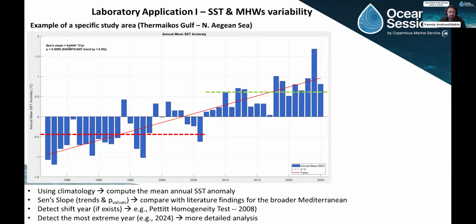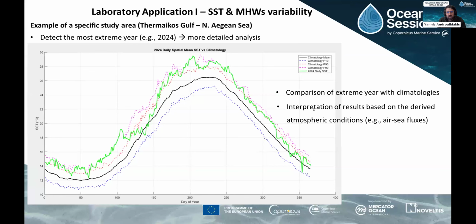This is 0.04 Celsius per year for this area, and also other statistical metrics, like finding if there is a shift year where the time series shows a significant increase or decrease, a significant change. And they can also detect the most extreme year, where they can perform more analysis.